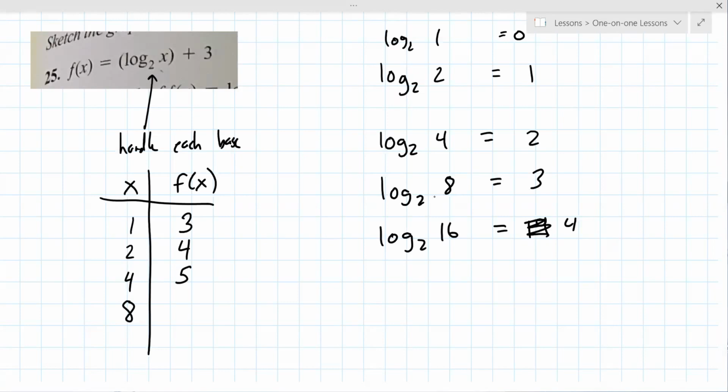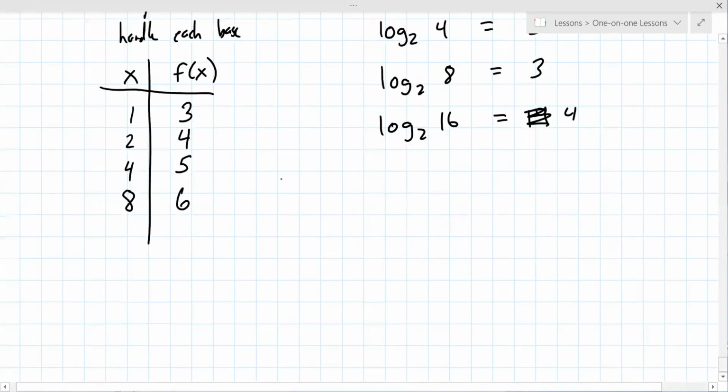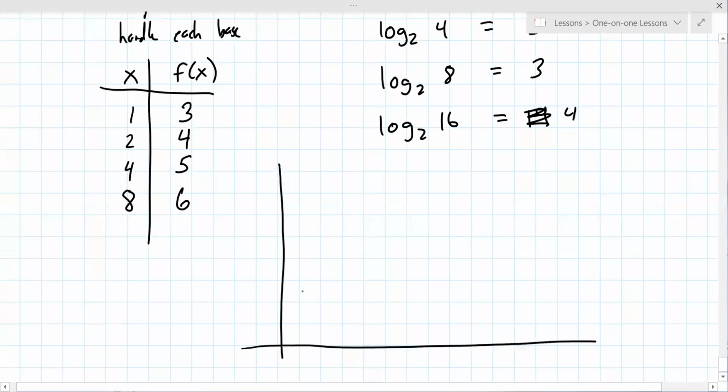Same thing. Log base 2 of 8 is 3, 3 plus 3 is 6. So if you follow that, it's not too bad. But your graph here, you got 1, 3; 2, 4; 4, 5; and then 8, 6.